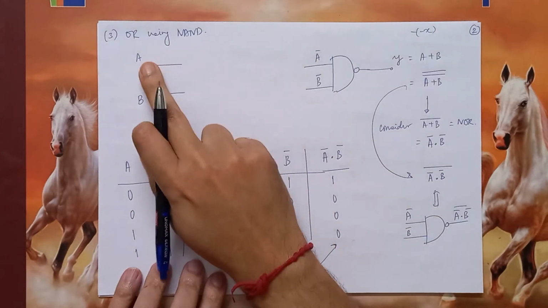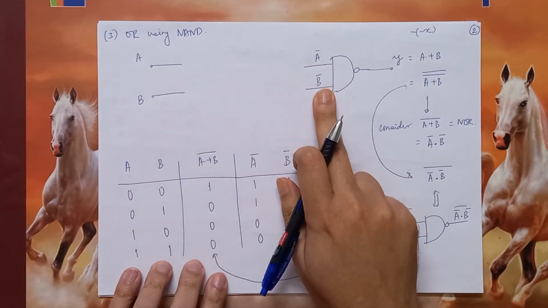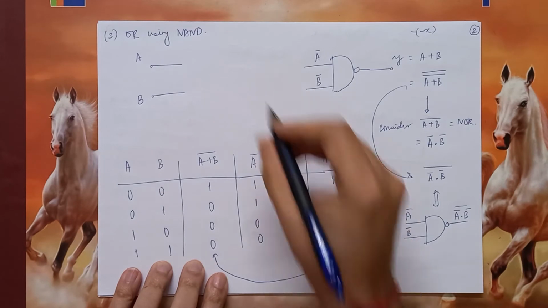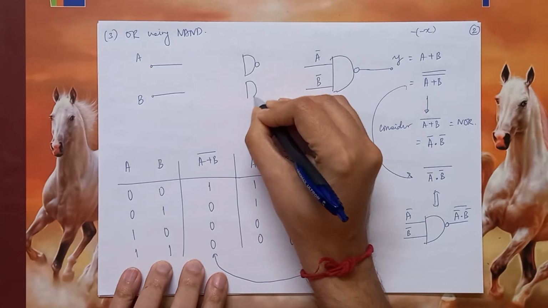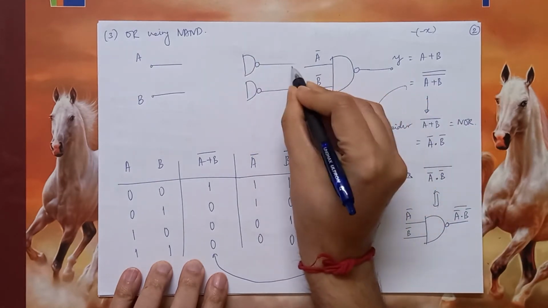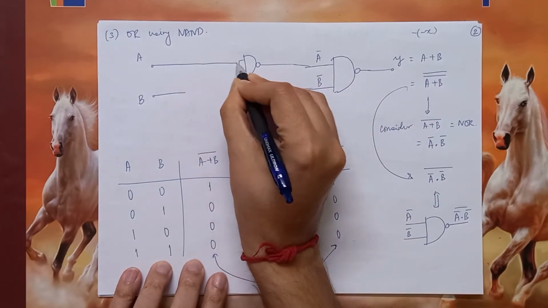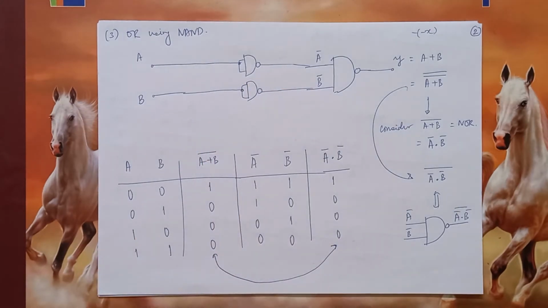So we have a over here, we have a bar over here, we have b over here, and we have b bar over here. So that should not be a surprise anymore. We know how to convert a to a bar and b to b bar using NAND gates. That is, we will use NAND to realize a complement. This is how you can realize an OR gate using a NAND gate.